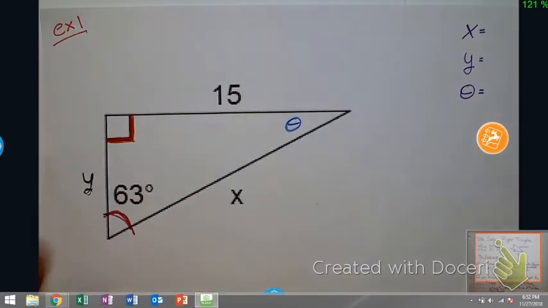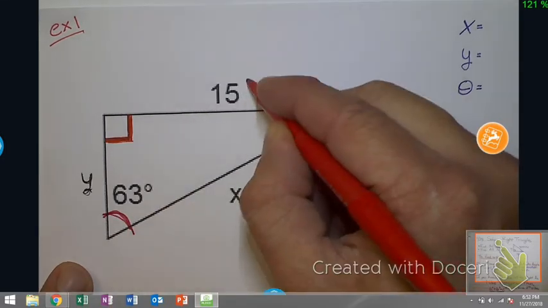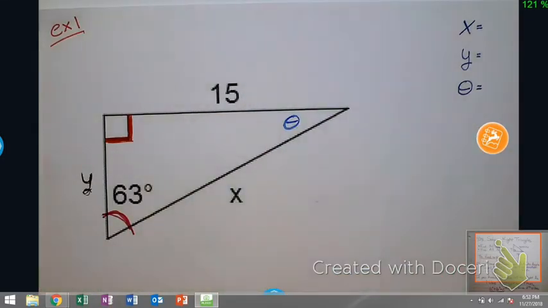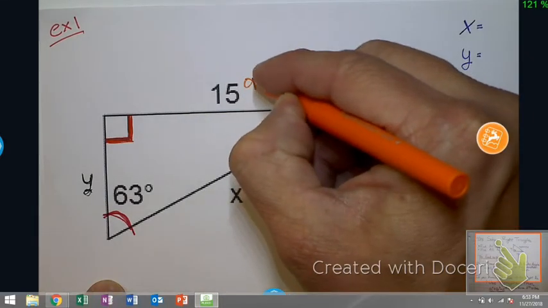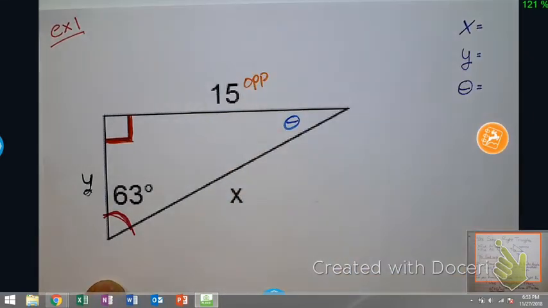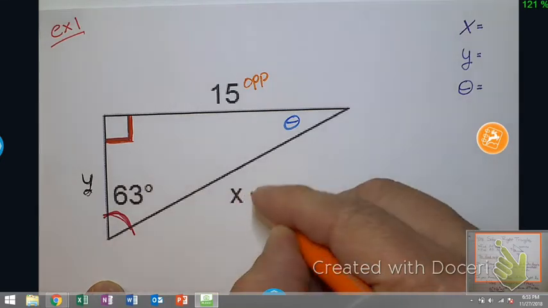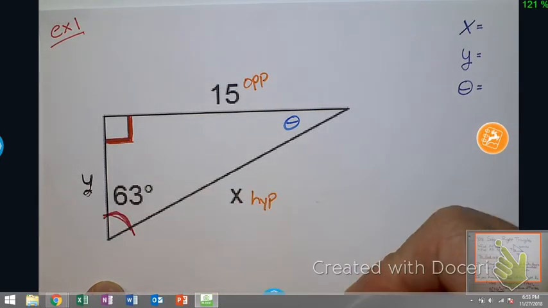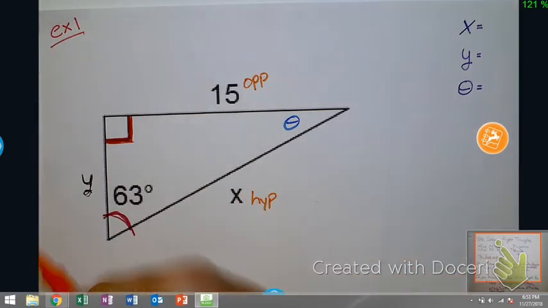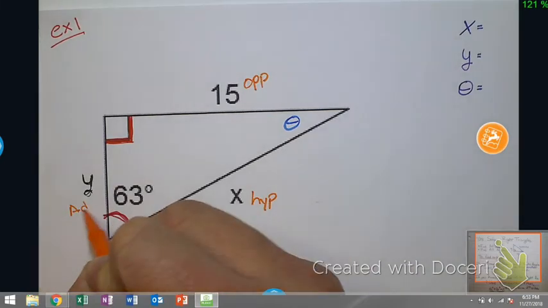This angle, 63 degrees, is what I'm going to use to label and go all the way across and see that 15 is my opposite side. Use our right angle to show that x is the hypotenuse. It's going to be the longest side, and that means that y is our adjacent side over here.